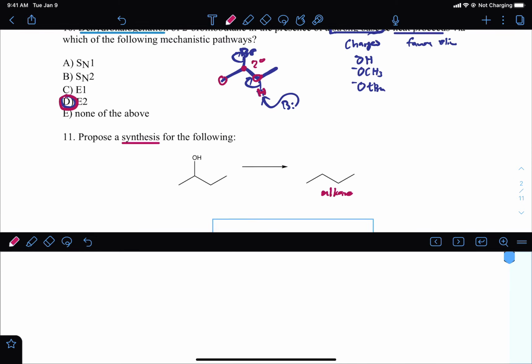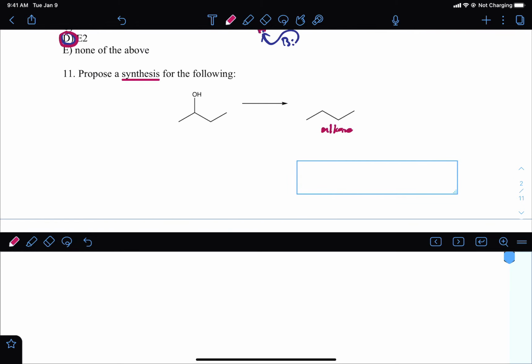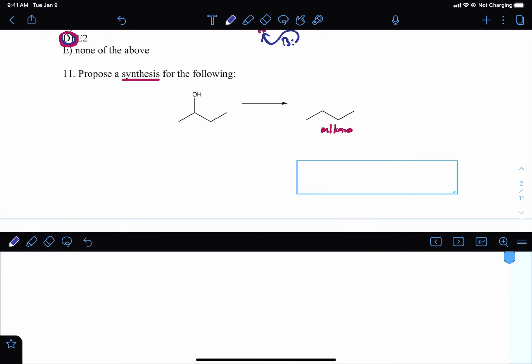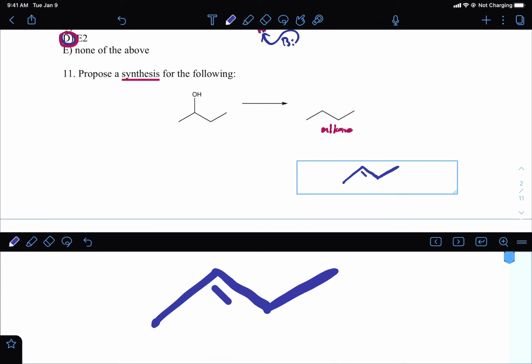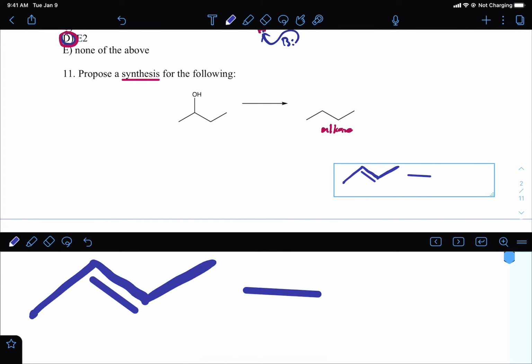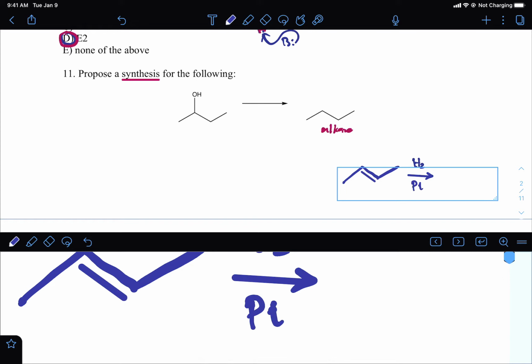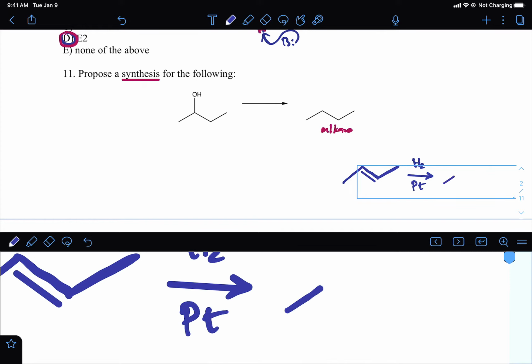And that is hydrogenation, which was one of our previous problems, where we say, okay, if we start with a double bond, and then we add H2 and platinum, or some other catalyst, palladium, something like that. Remember, that will hydrogenate the alkene.